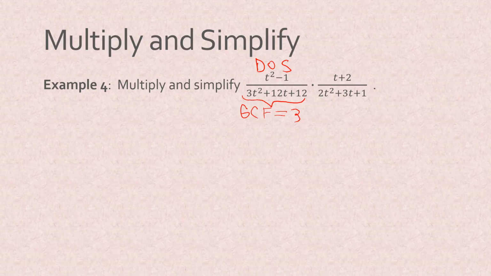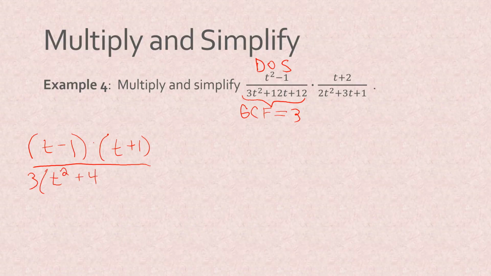So that when it's time to factor, see that the t squared minus 1 will factor into t minus 1 times t plus 1 all over, and then I'll factor out the 3, so that becomes t squared plus 4t plus 4.